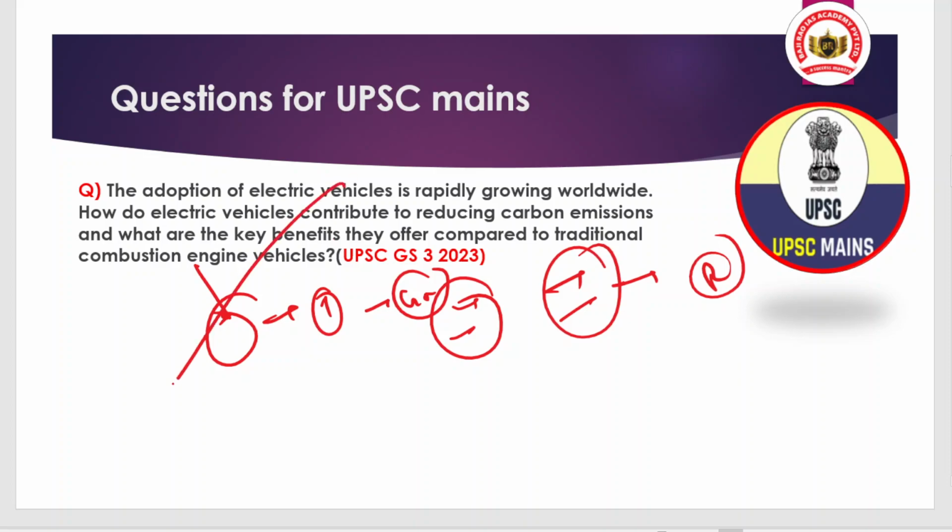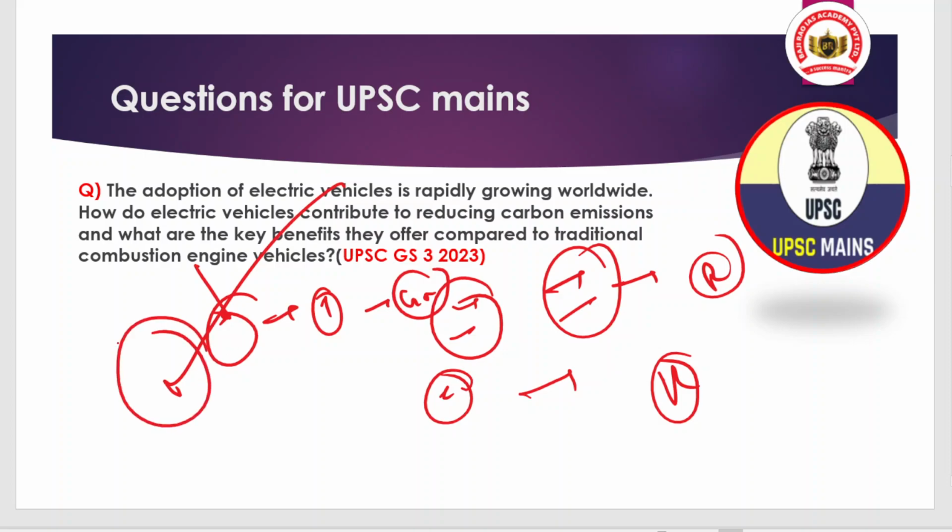So here the question is asking frequently about electric vehicles, and when we talk about electric vehicles, you should know the basics, that these vehicles basically run by charging the battery and then it operates. Okay, that means there will be no carbon emission from these vehicles, and if there is no carbon emission, there will be no contribution to global warming.